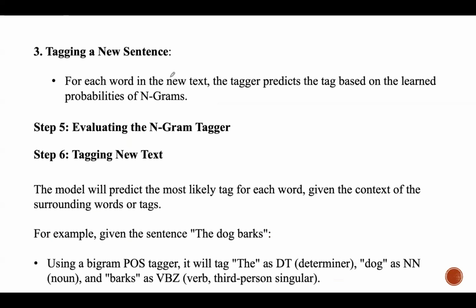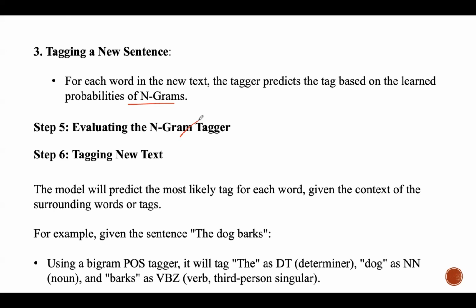Then tagging a new sentence. For each word in the new text, the tagger will predict the tag based on the probabilities of ngrams. If no ngram is found for a given word, the model resorts to a backoff model, say unigram or bigram. Next, evaluating the ngram tagger. After building the ngram tagger, it is important to evaluate its performance.